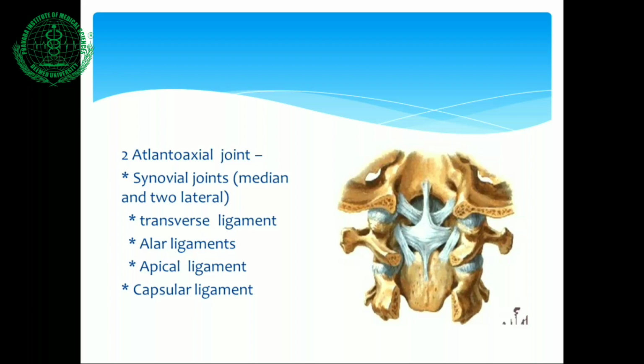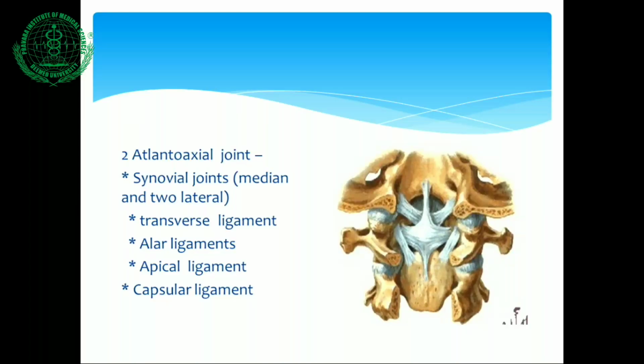Then second, atlanto-axial joint. In the body there are 3 atlanto-axial joints. Centrally there is a median atlanto-axial joint, and on either side there is presence of a paired lateral atlanto-axial joints.